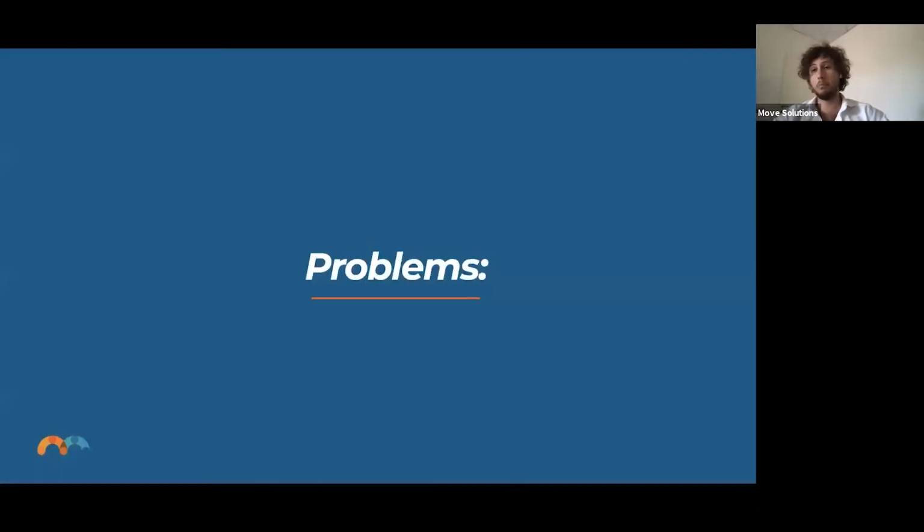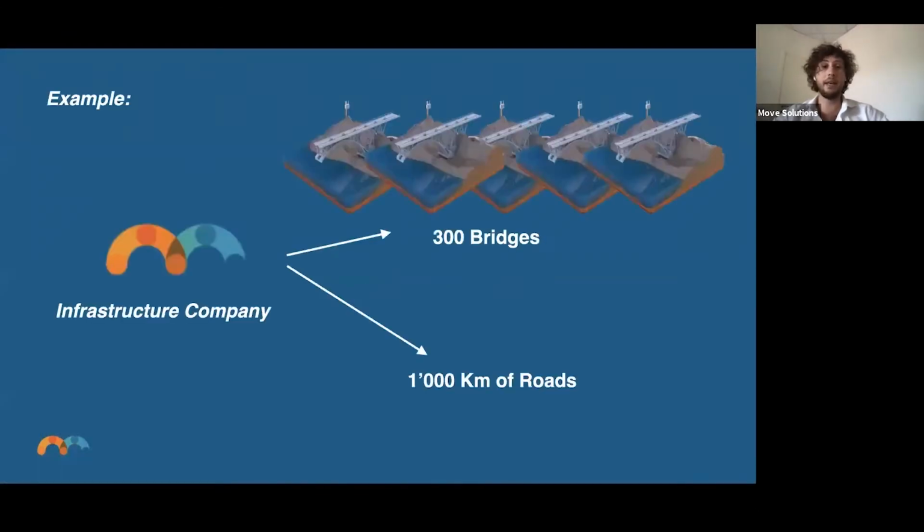Okay, let's say we have an infrastructure company, a fake one, right? Let's say Move is an infrastructure company. The goal is to handle 300 bridges, a kilometer of roads.